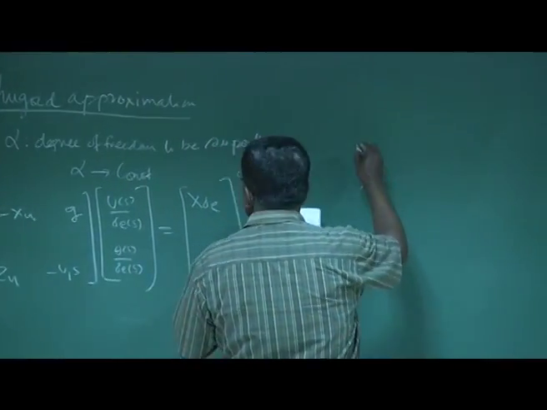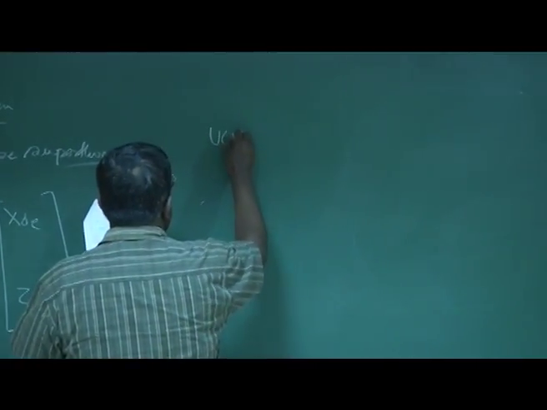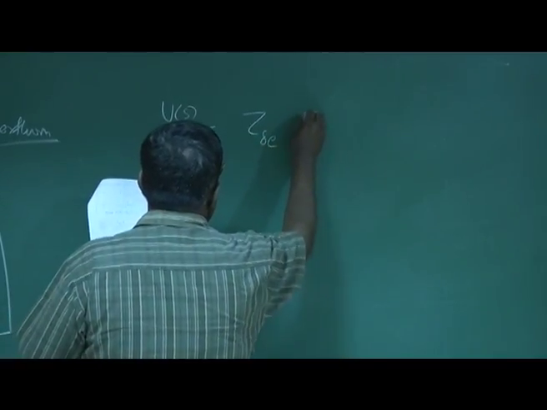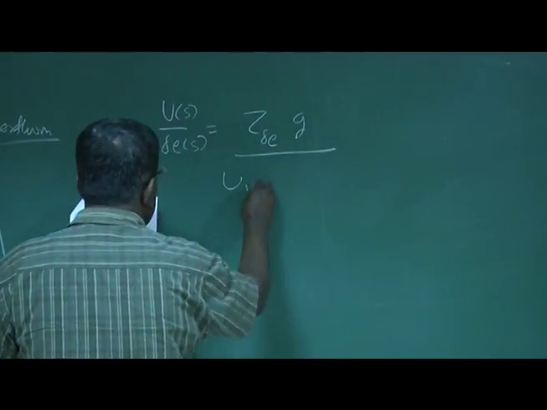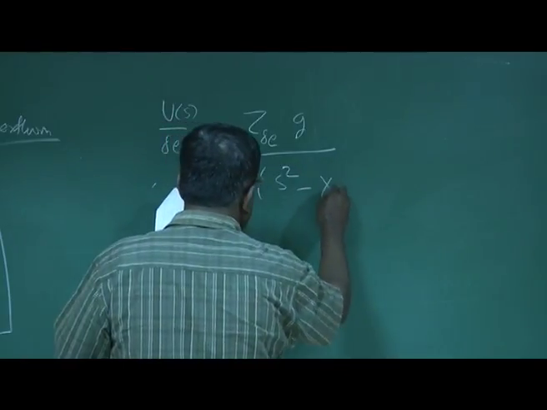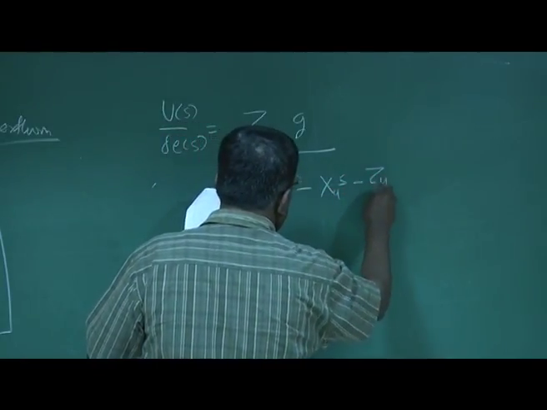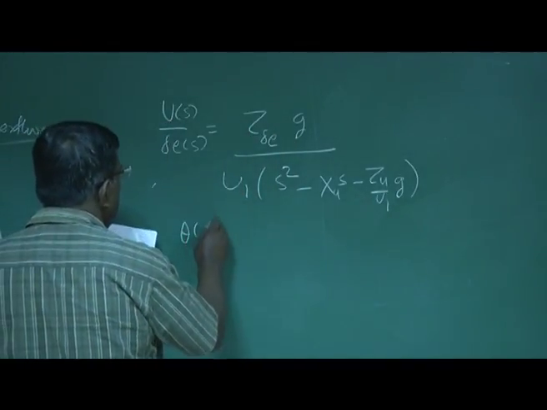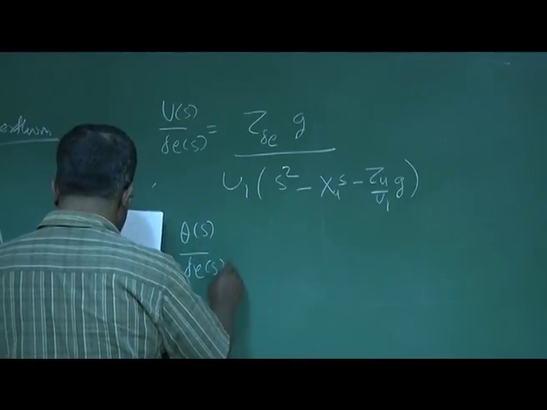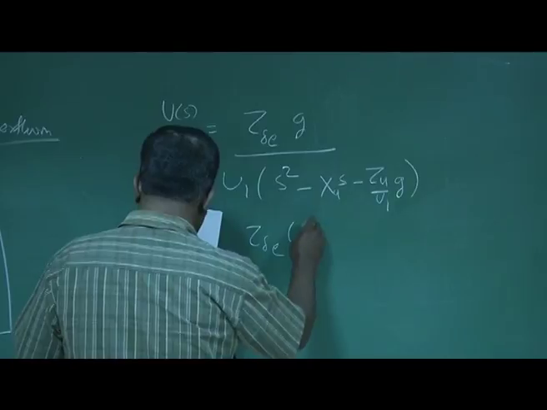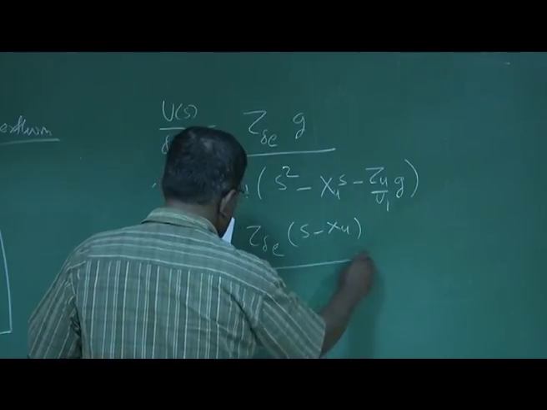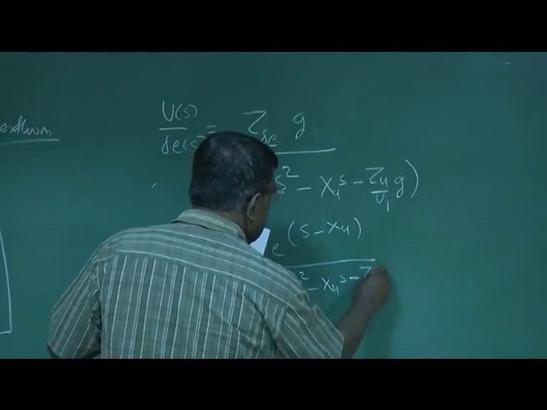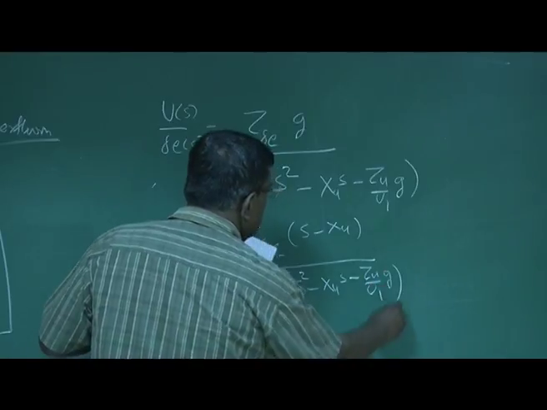If I do this, then I find from this that U of s by delta E of s is z delta E into g by u1, over s squared minus xu s minus zu by u1 into g, and theta of s by delta E of s is z delta E into s minus xu by u1, over s squared minus xu s minus zu by u1 into g.